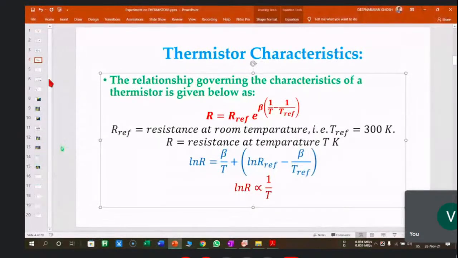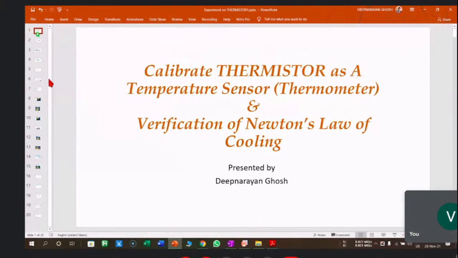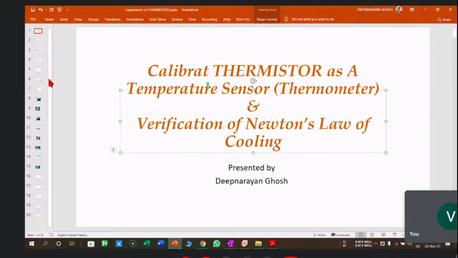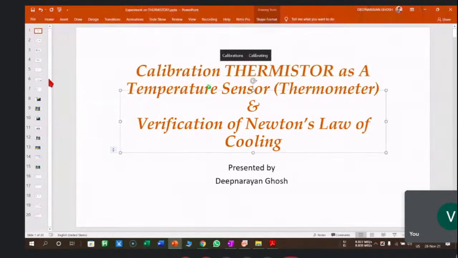Lastly, just one cosmetic modification. Mr. Ghosh, just go to the title of your experiment. This is just a cosmetic comment. Calibration of a thermistor as a temperature sensor, because you have written verification. Yes, calibration of a thermistor as a temperature sensor. All these points should be indicated to absolute newcomers to this field.